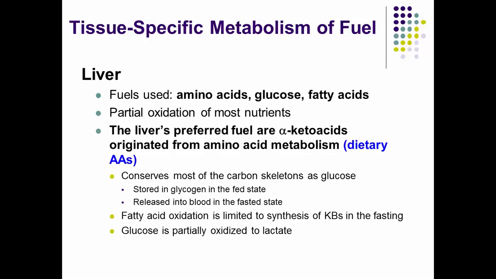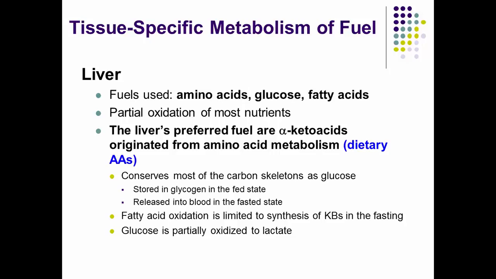For glucose, you just try to spare the carbon skeleton, right? And for fatty acids, partial oxidation means it just stops at acetyl-CoA. It goes through beta oxidation and generates acetyl-CoA, and then this acetyl-CoA will be used for ketone body synthesis during fasting conditions, right?